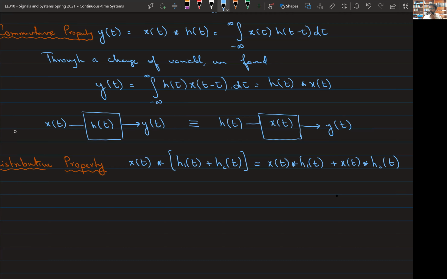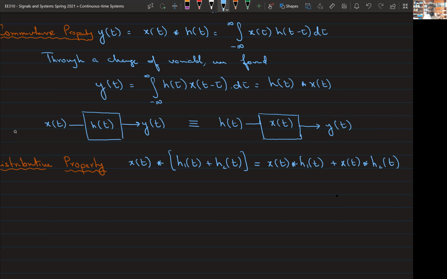Munim, do you have a question? Sir, I had a question regarding the similarity shown in the commutative property. Can we say that the impulse response will be equivalent to whatever the system is within that black box? And if we give the system x of t, or give the impulse response x of t, we'll always get y of t?